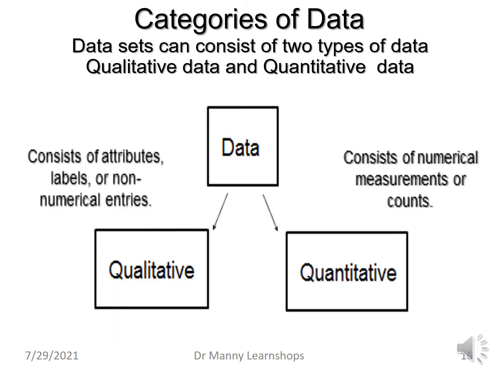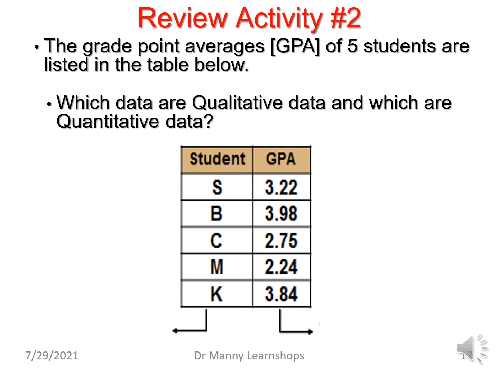What are some of the categories of data? Data sets consist basically of two types of data, qualitative and quantitative. Data that's qualitative consists of attributes, labels, and non-numerical entities. Quantitative consists of numerical measurements and counts. So let's review.